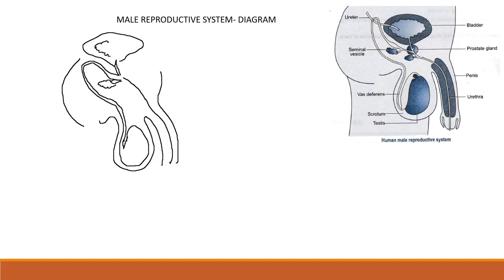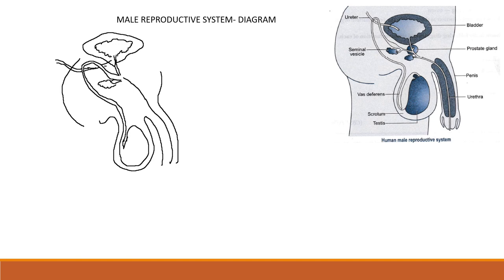Here you can make the linings of the bladder, where the urine which comes from the kidney is stored, right? And from the urinary bladder, the ureter will be coming, which is going to loop with this.